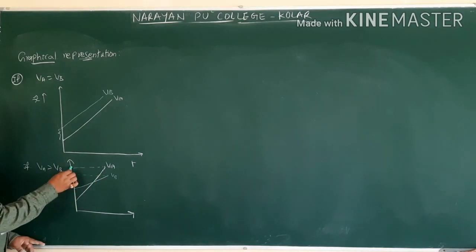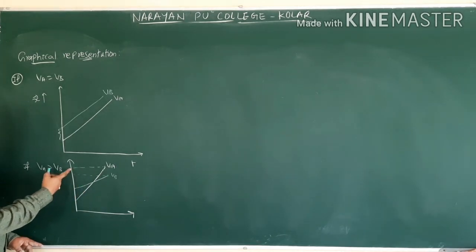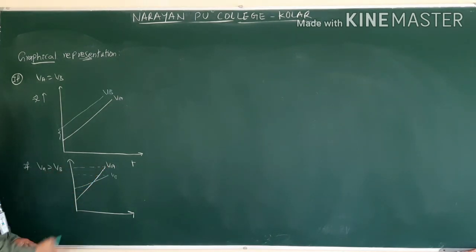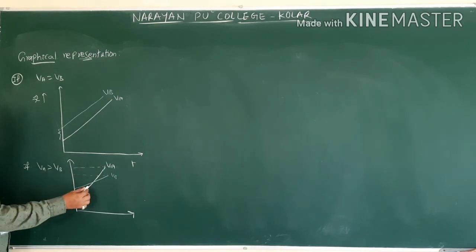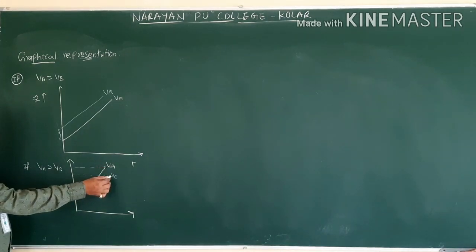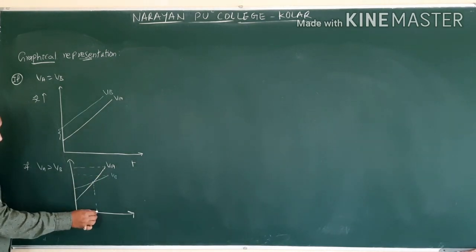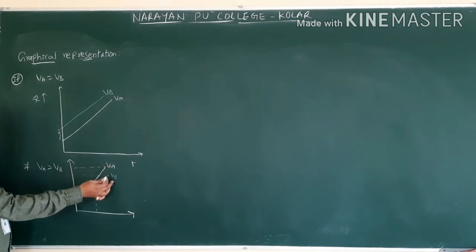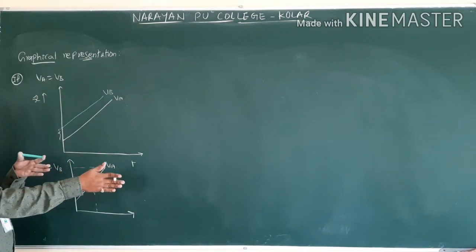This white color line is more, this color line is less. Therefore, which has more velocity here? VA has more velocity. VA is moving with more velocity, therefore VA intersects VB, meaning after some amount of time, A is crossing B. So this is B, this is A, let us assume.